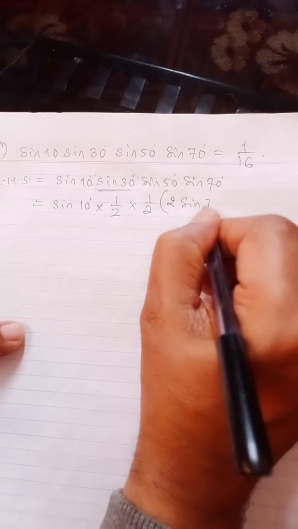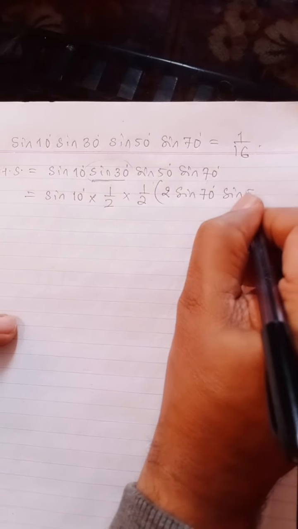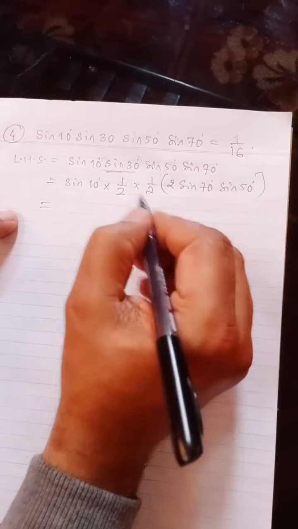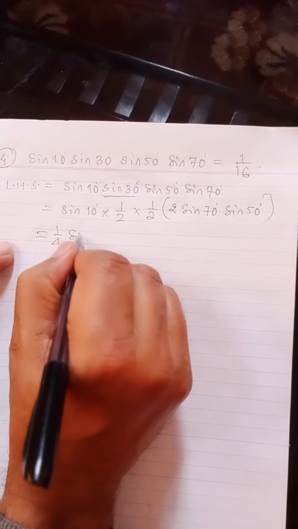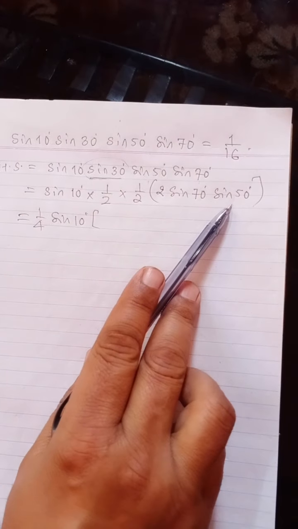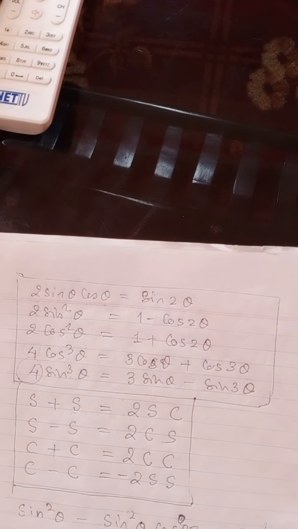and we have to write the greater angle at first to make the problem easy. That's why like this we have to write 1/2 into 1/2, 1/4, sine 10 degree, 2 SS. We already discussed here. 2 SS is C minus C, but here is minus, there is not a negative sign.